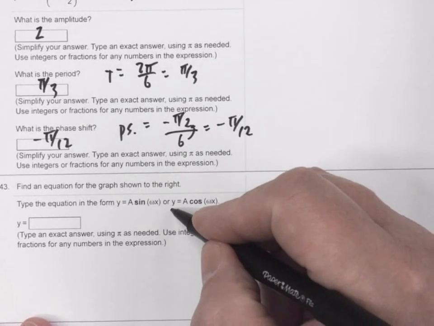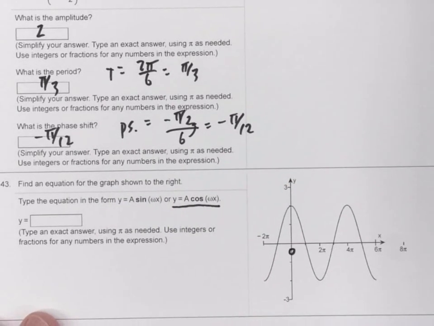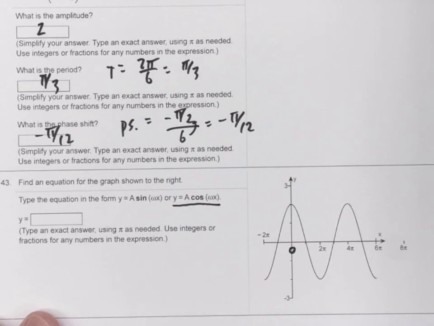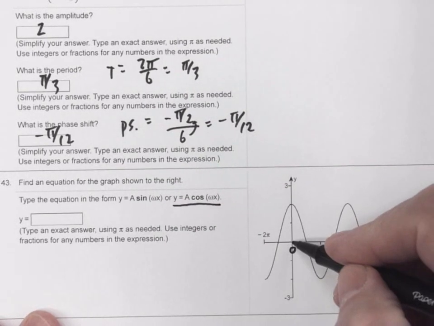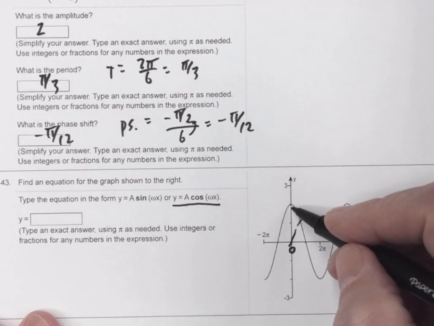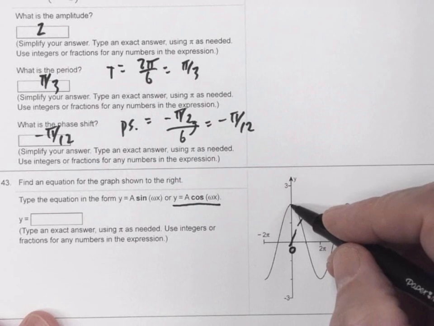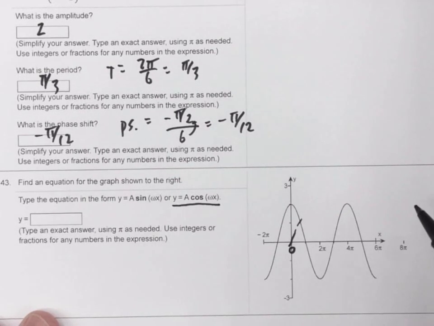So therefore, first step is to realize the answer is going to be a cosine. Because if it was a sine, the sine wave starts down here and would go up. But instead, when the angle is 0, the function is high, which means it's a cosine.